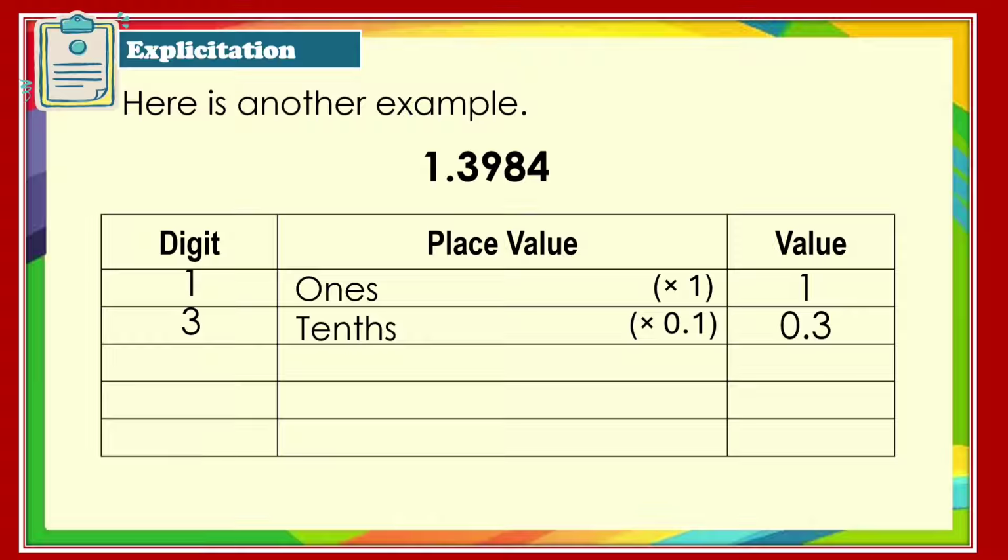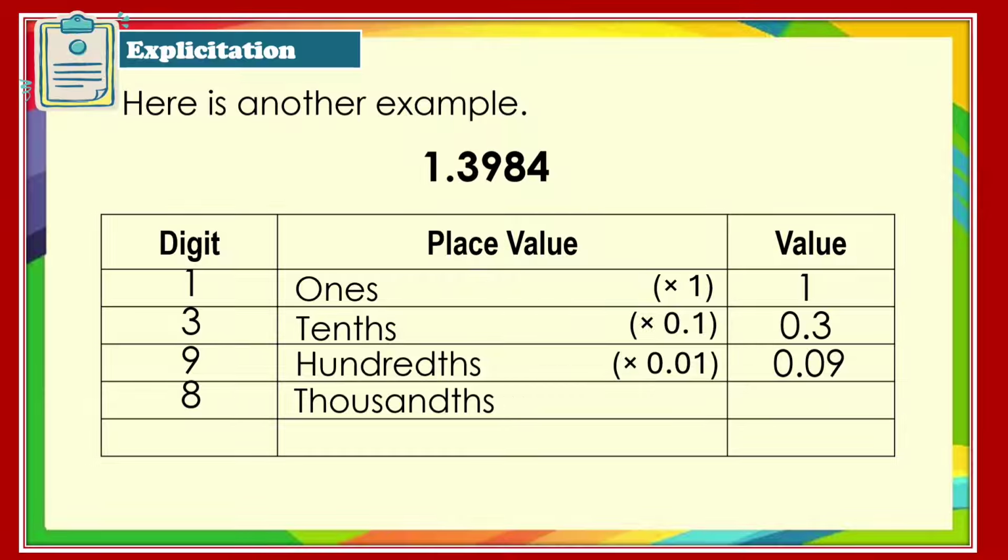Okay. Then the next digit is 9, which is in the second digit from the decimal point. That is hundredths. Okay. Then just multiply 9 by hundredths. That gives you the value of 9 hundredths. Okay. And 8 is in the thousandths place.